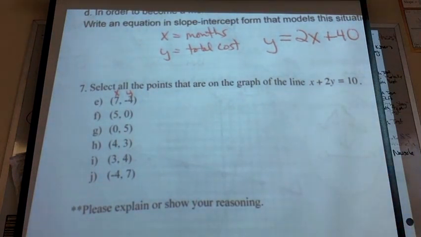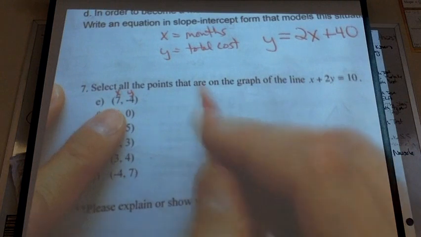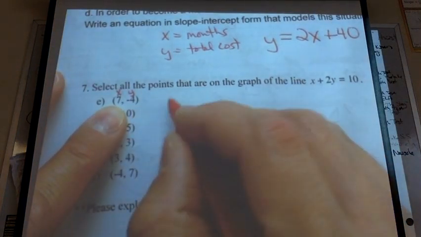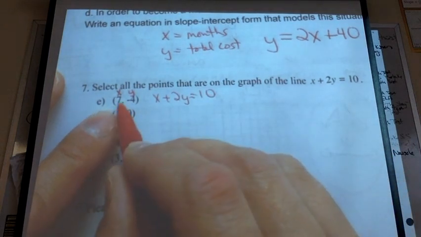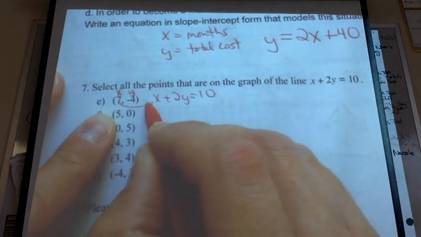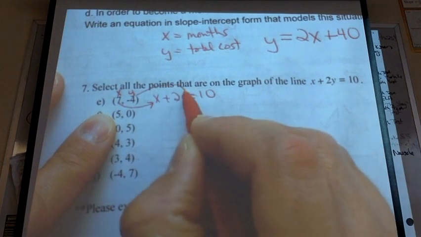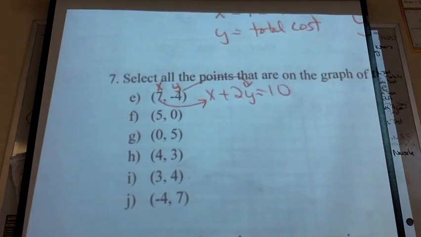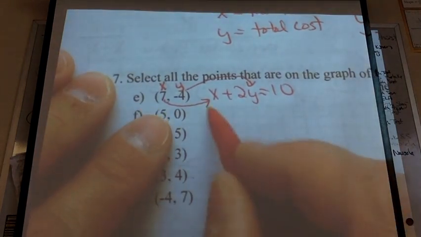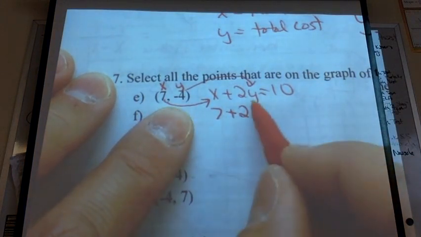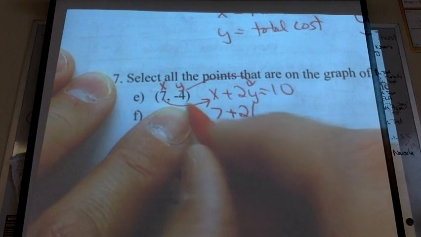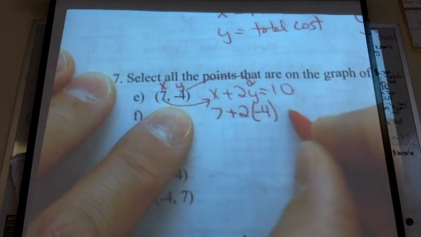So I'm going to write out our equation for our first one. x plus 2y equals 10. I'm going to substitute 7 in for my x and negative 4 in for my y. So x would be 7 plus 2 times y, 2 times negative 4, equals 10.